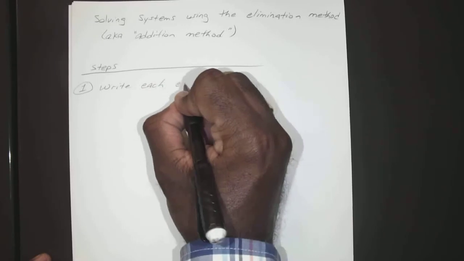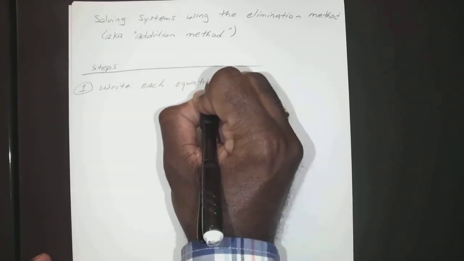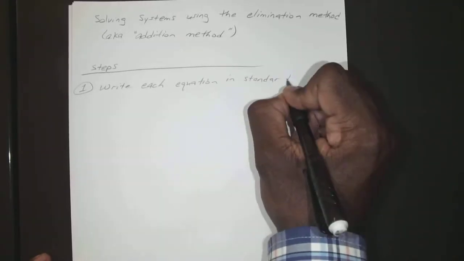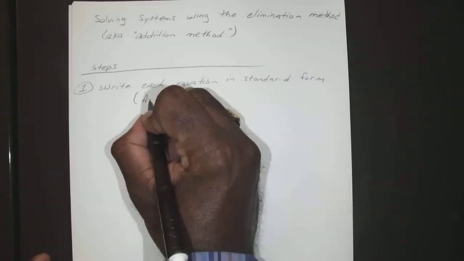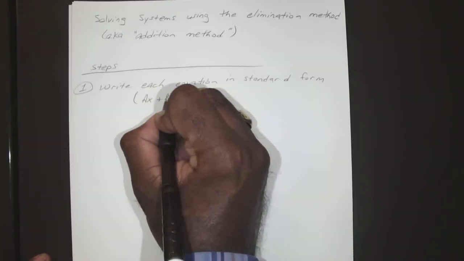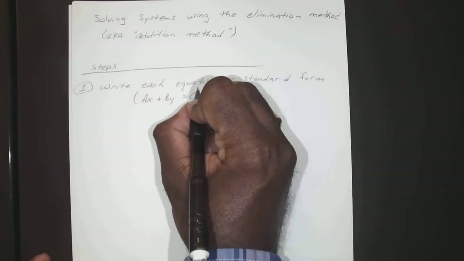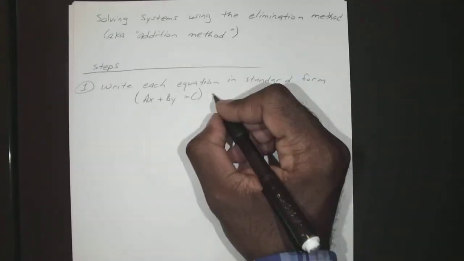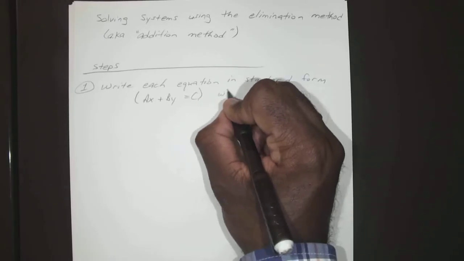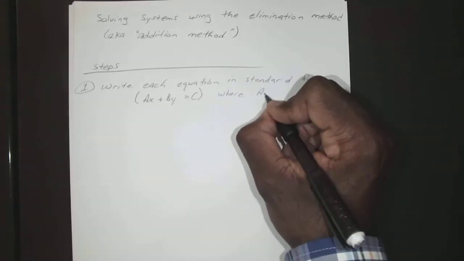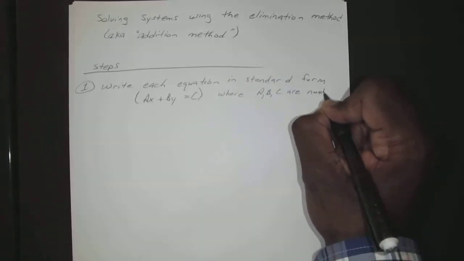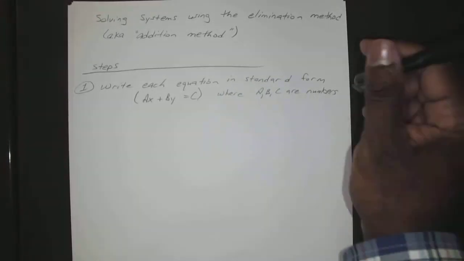So ax plus by equals c. That just means that a, b, and c are just any number at all.